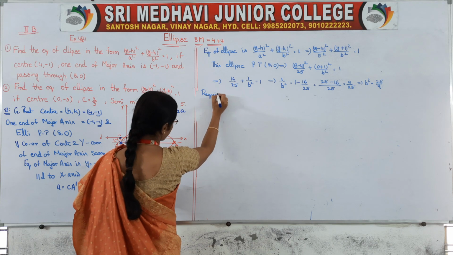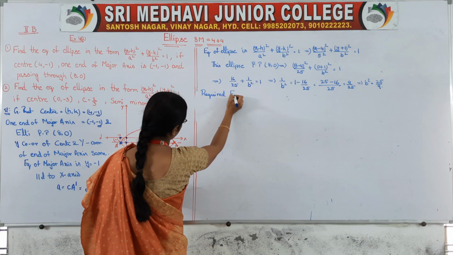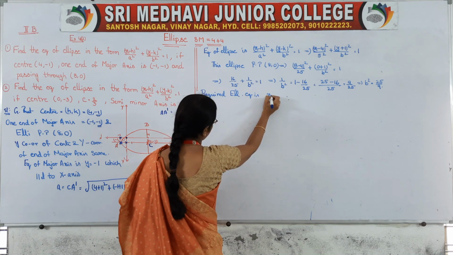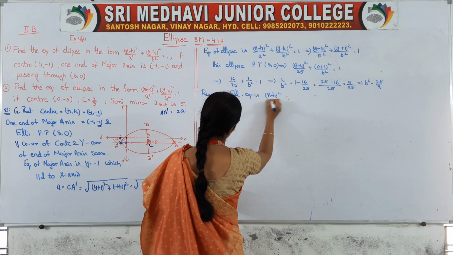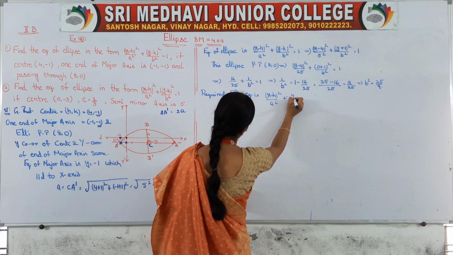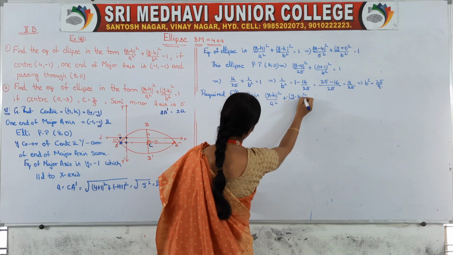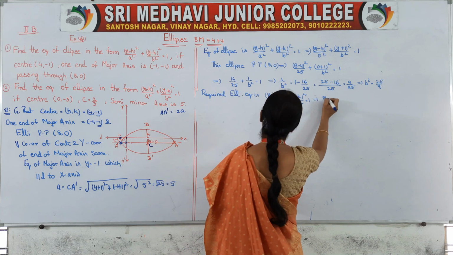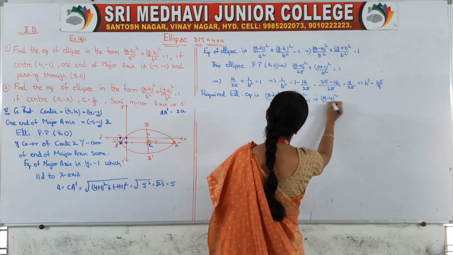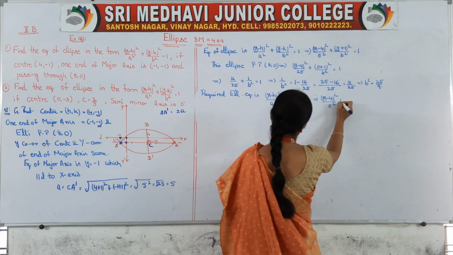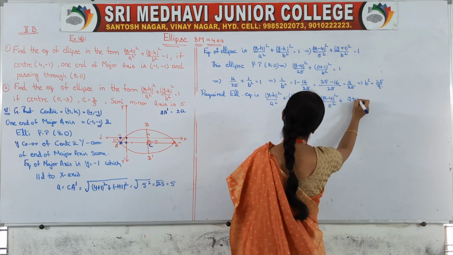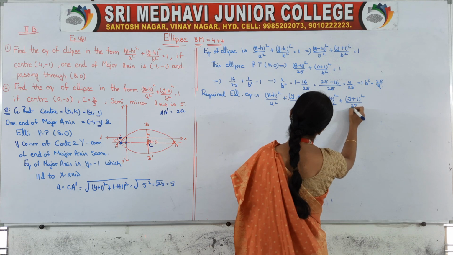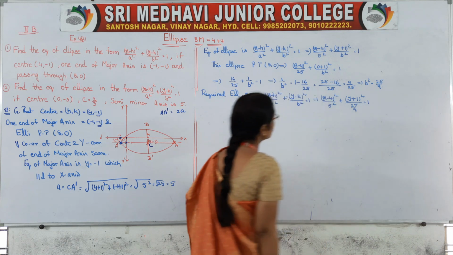So the required ellipse equation is, in this form only, as given in the question, x minus h whole square by a square plus y minus k whole square by b square is equal to 1. So it implies x minus 4 whole square by 5 square plus y minus of minus, plus 1, whole square by 25 by 9 is equal to 1.